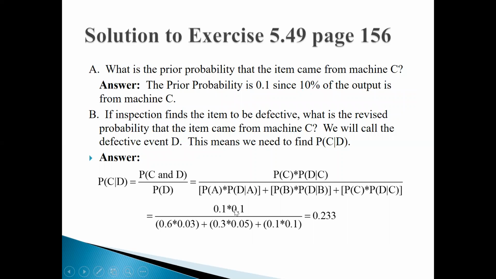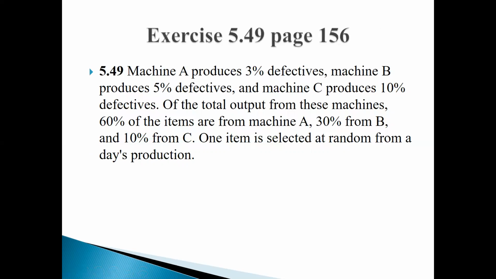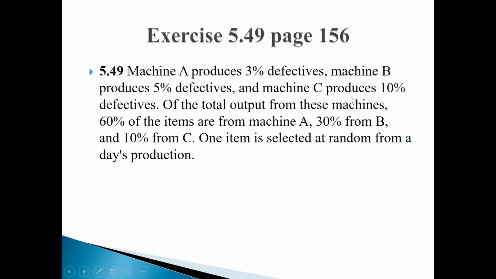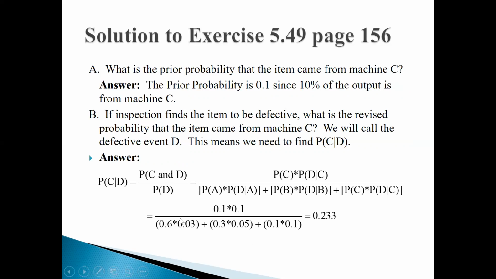And the probability of D given C, the probability that we draw an item from C and it is defective, is also 0.1 because it produces 10% defectives. So that's 0.1 times 0.1. Now the probability that it comes from machine A is that 60, so that's going to be 0.6 when we convert it to probabilities.